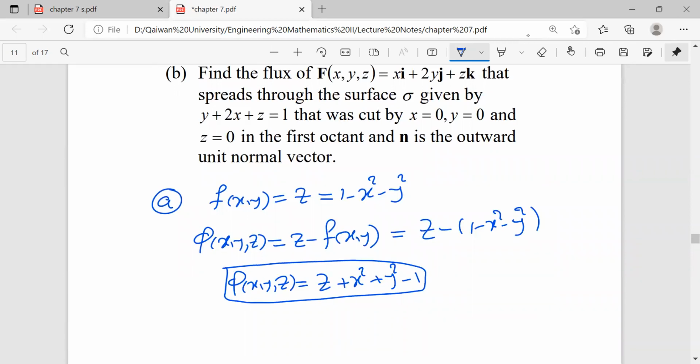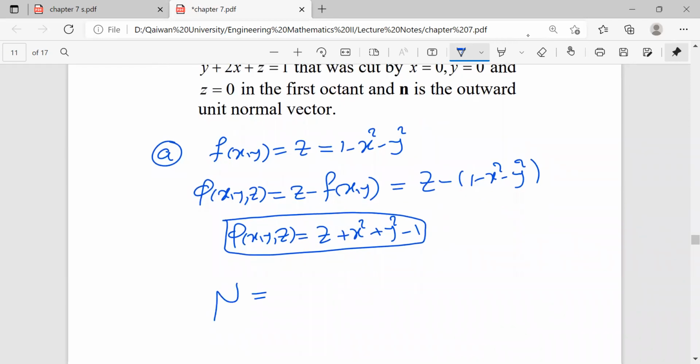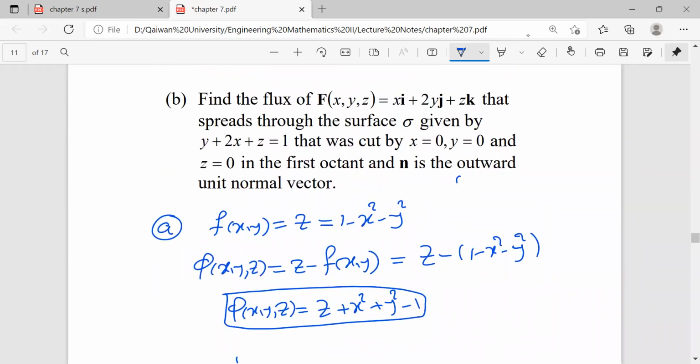And here we find n, the normal vector. Let's first write down the rule here. Since our surface is given by a function of xy, we find the double integral over the xy plane of F dot n dA.